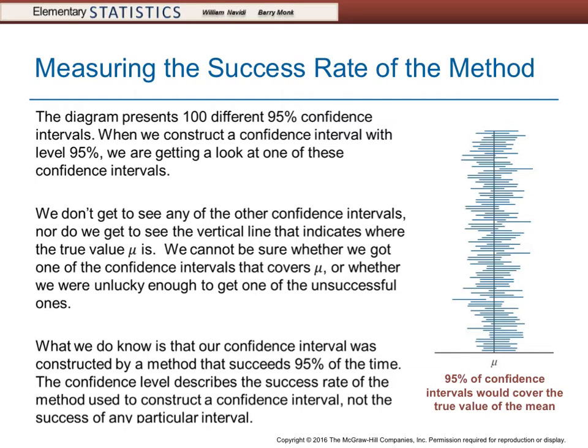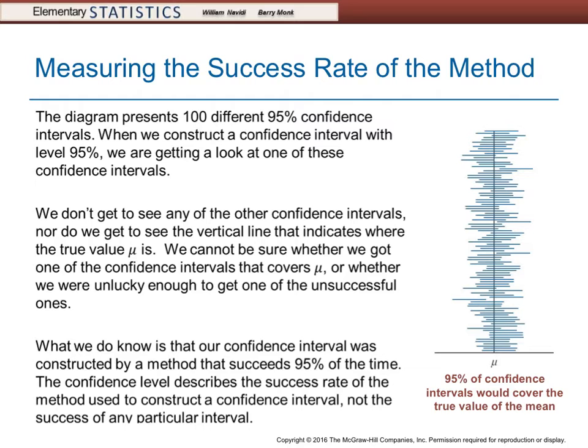The diagram represents 100 different 95% confidence intervals. When we construct a confidence interval with level 95%, we get to look at only one of these intervals. We don't get to see any other confidence intervals, nor do we get to see the vertical lines that indicate where the true value of mu is.